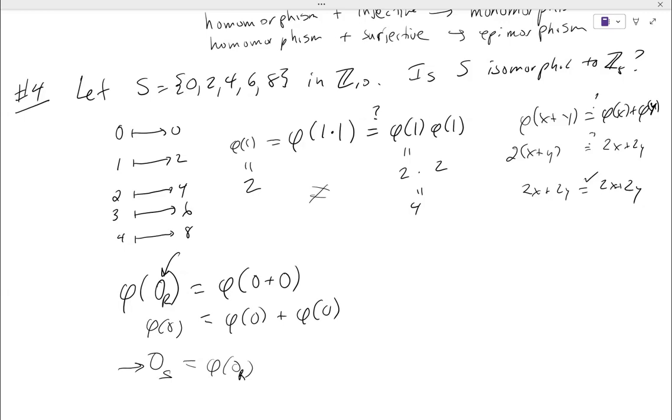Over on the other one, if we want to do the phi of the identity, we have to be a little bit careful because, well, for lots of things.